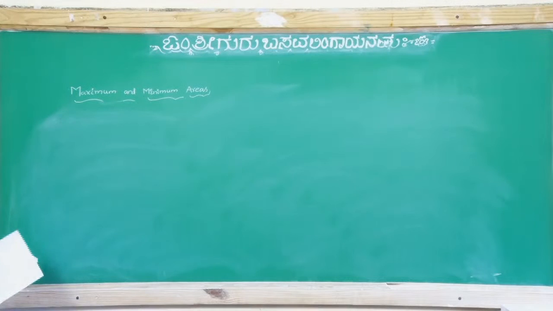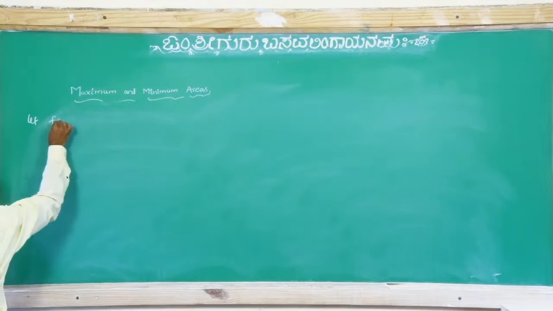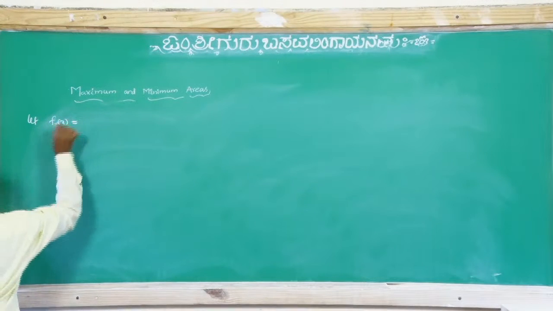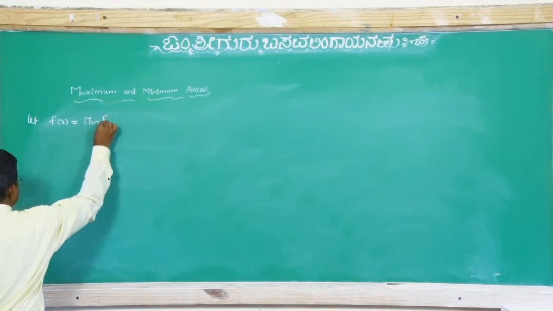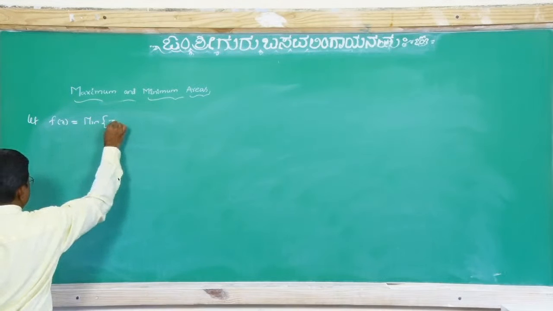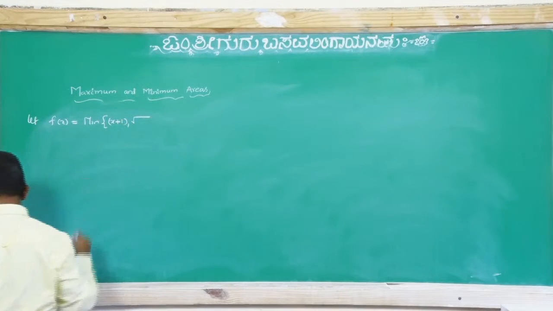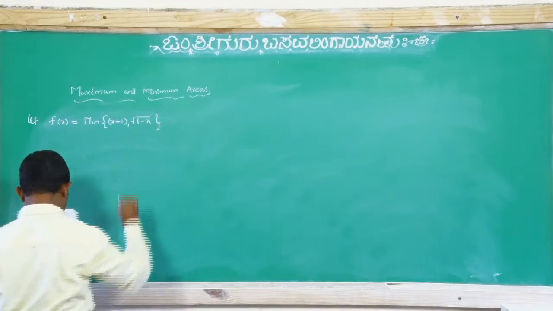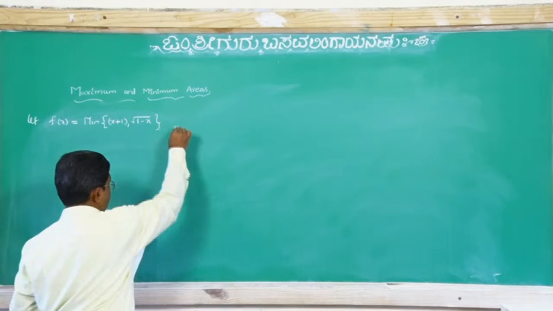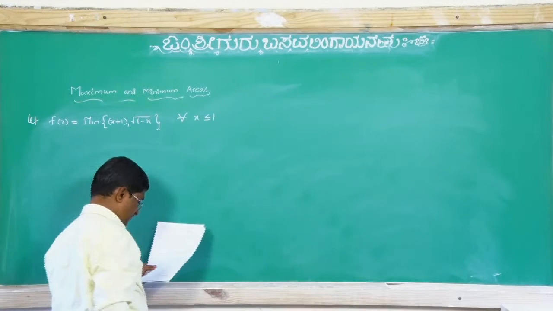One more problem. Let f of x be equal to the minimum of x plus 1, comma root of 1 minus x, for all x less than or equal to 1.